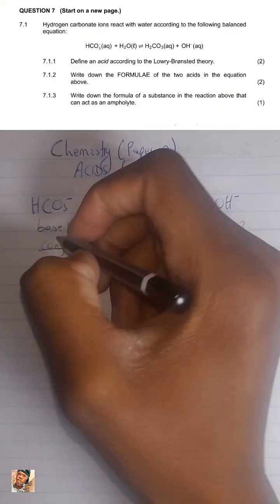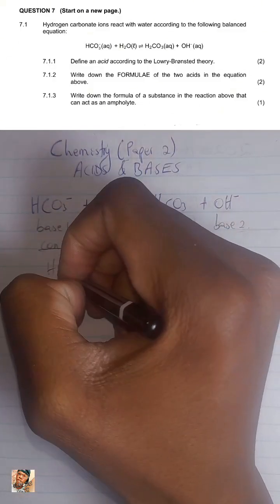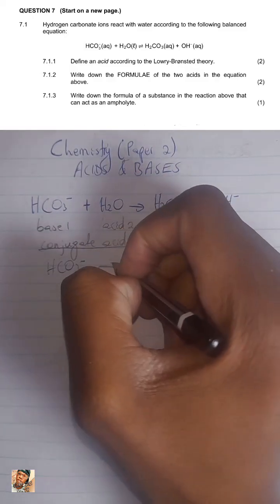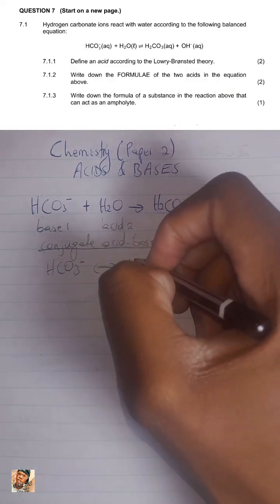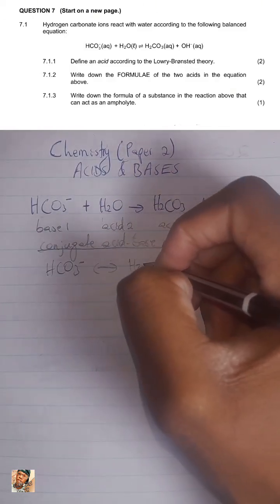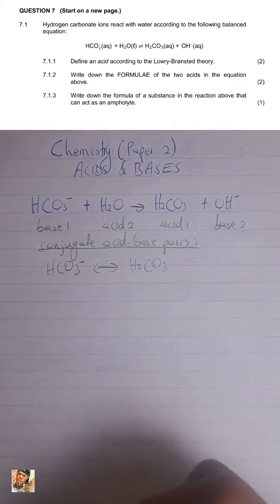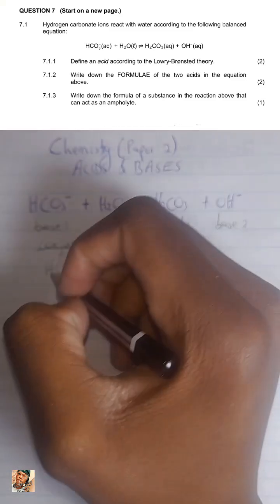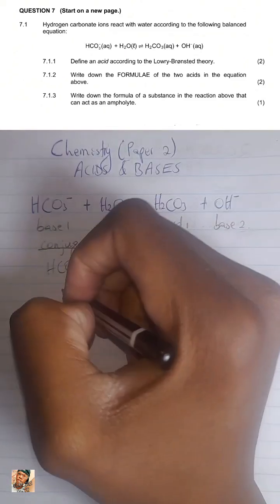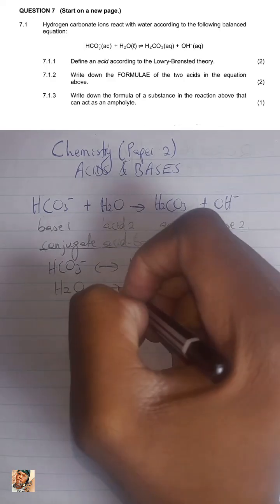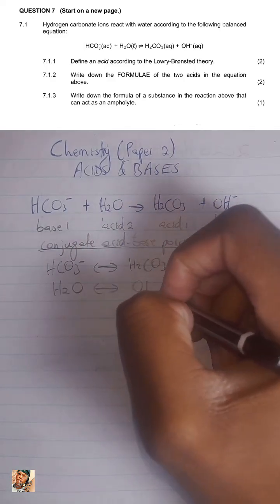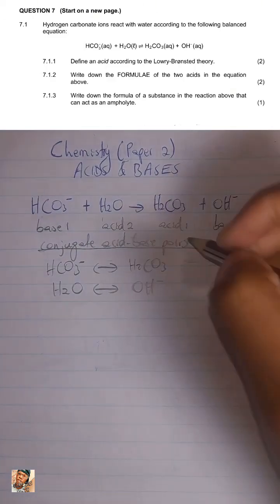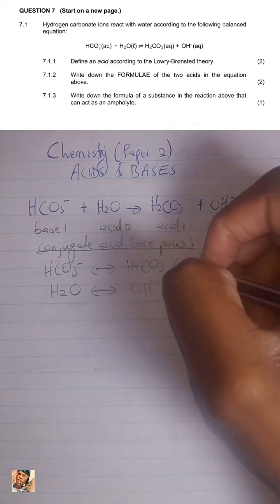We have hydrogen carbonate ion with the carbonate ion, and then we have water with the hydroxide ion. So this is acid-base pair number 1.